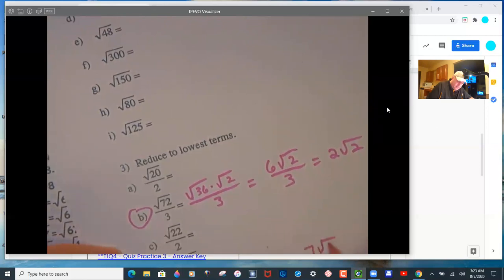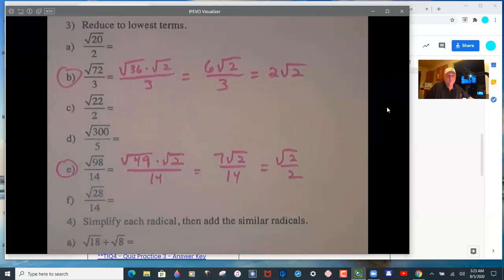So 7 times the square root of 2 over 14. So square root of 2 over 2 is that reduction. Just as you multiply numbers that are outside the square roots, you divide numbers that are outside the square roots also.